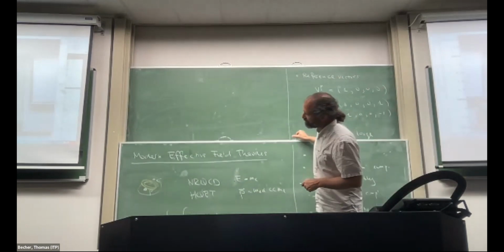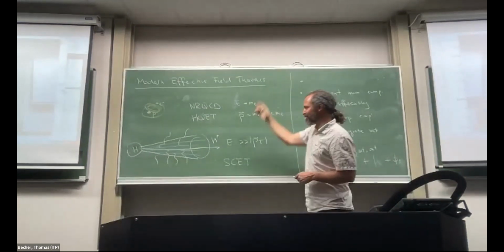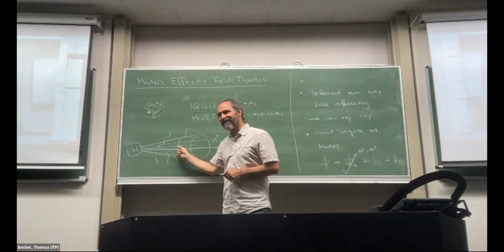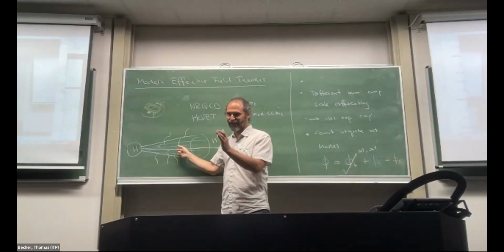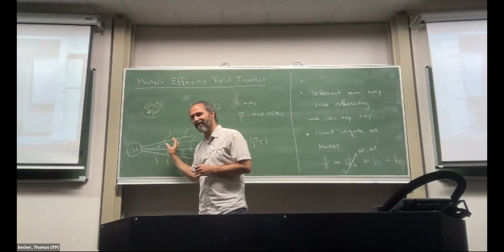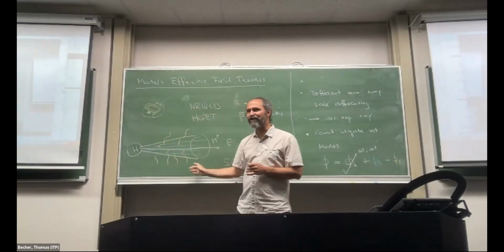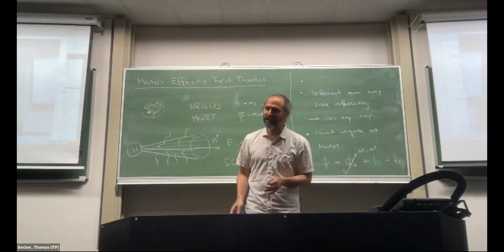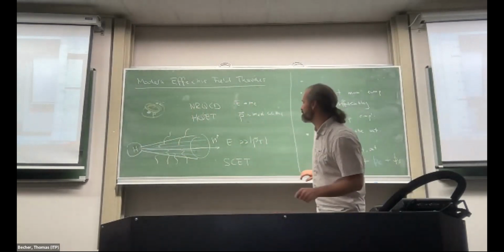Tomorrow, I'll consider jet processes. And basically, from the QED factorization theorem, it's a very small step to QCD. And then we can look at these soft emissions from jets and then develop a theory of non-global logarithms.